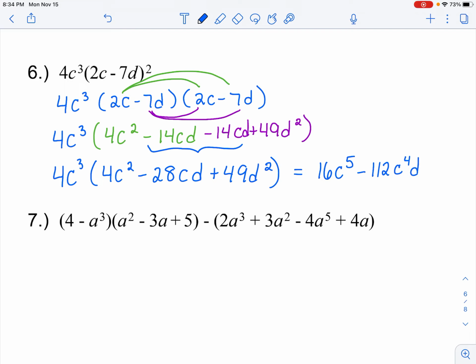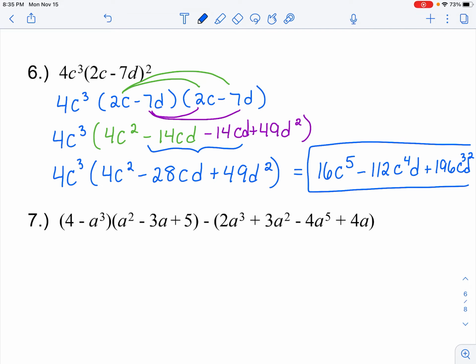That'll be c to the fourth times d. And then for the last one, let's see, 4 times 49 comes out to 196. And then I'm going to have c cubed and d squared. So that's my final answer over there.